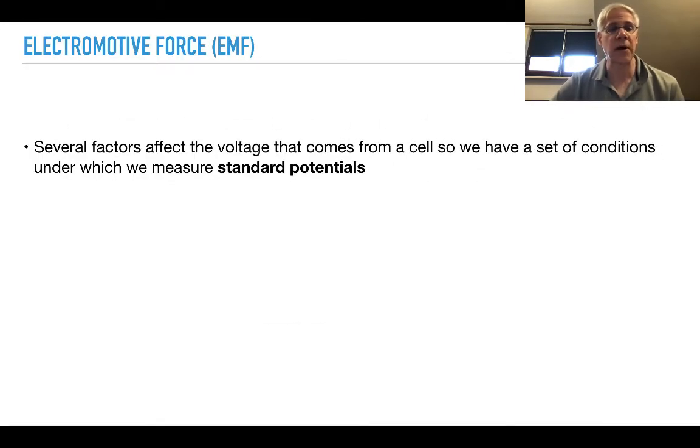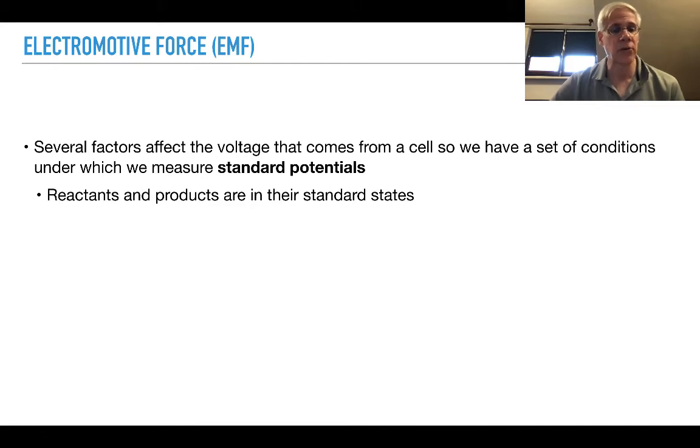So, more on EMF. There are a lot of factors that affect the voltage that comes from a cell. So in order to standardize what we would expect a voltage to be between two materials, we have to have a set of conditions under which we measure those potentials. So we have a standard set of conditions, and from those we measure standard potentials. Those conditions are that the reactants and the products have to be in their standard states.